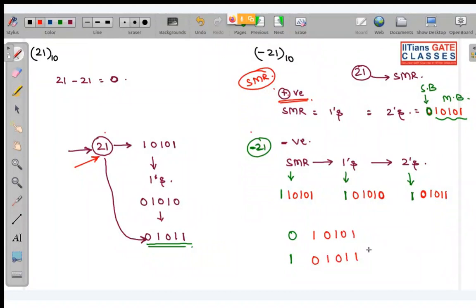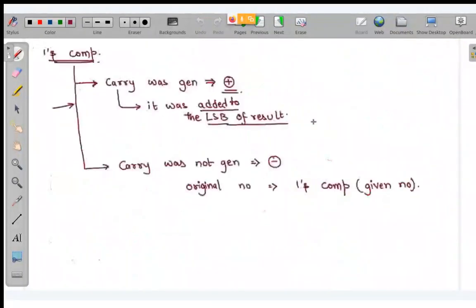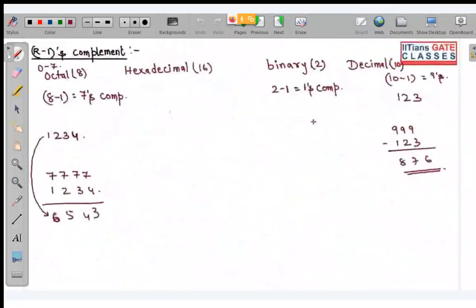If we are using sign magnitude representation, or even 1's complement, I told you initially that in sign magnitude representation the problem was that whenever we add the same positive and negative number, we were not getting 0. So this I have already explained.